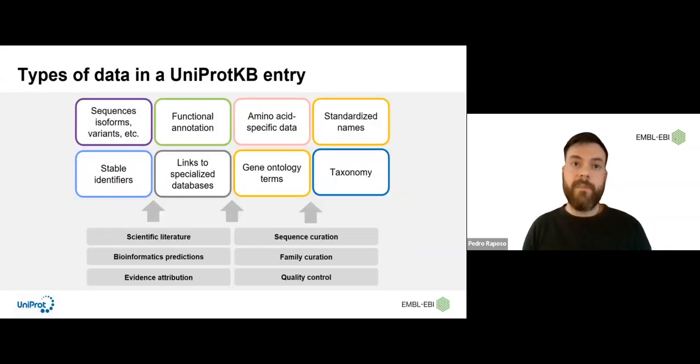So the types of information we provide in UniProt are quite diverse. For example, we have a protein name.